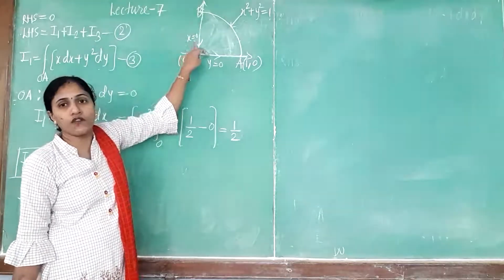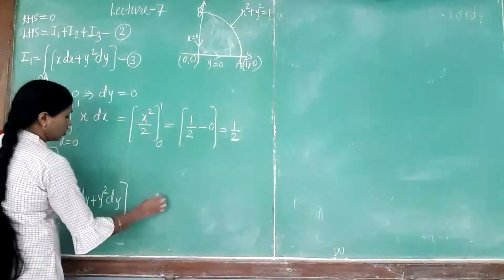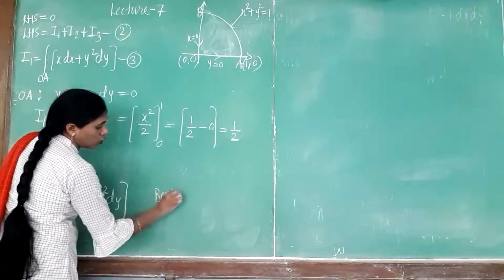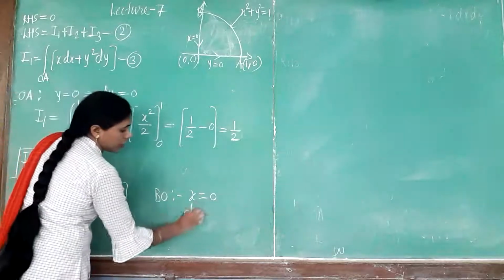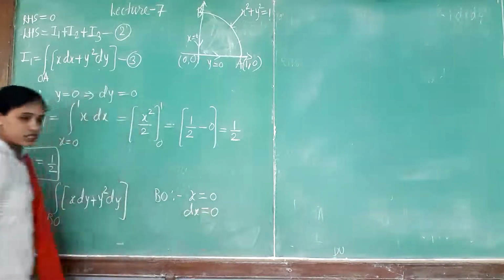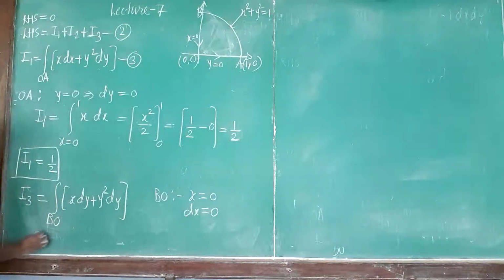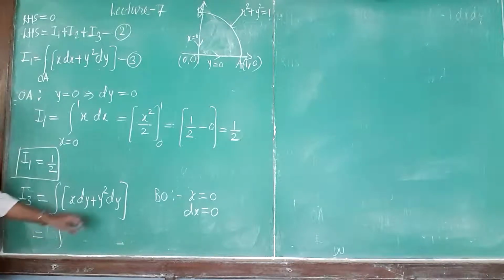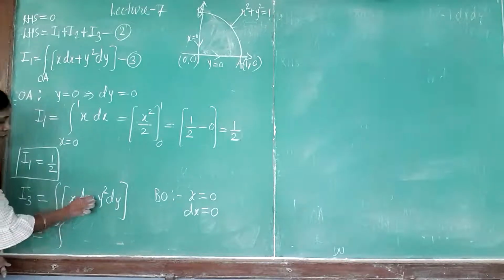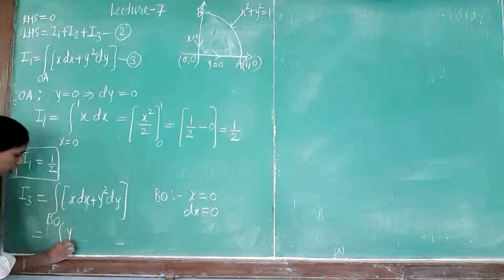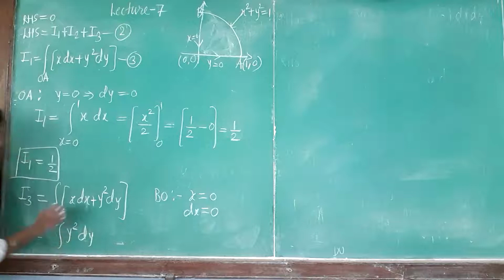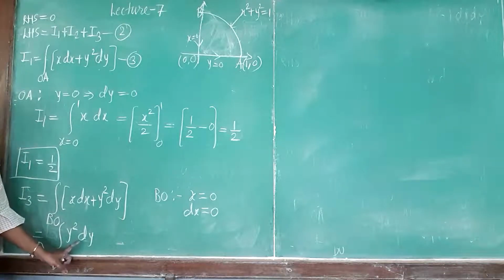So the equation of the y axis is x is equal to 0, which means dx is equal to 0. Substituting in this equation, dx becomes 0, so the remaining term is only y square multiplied by dy.